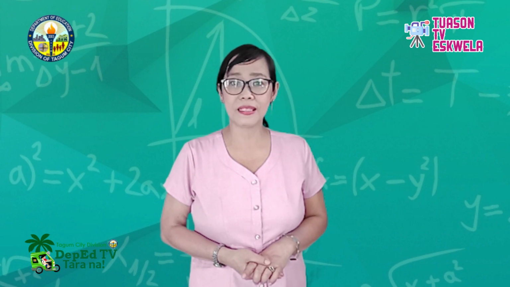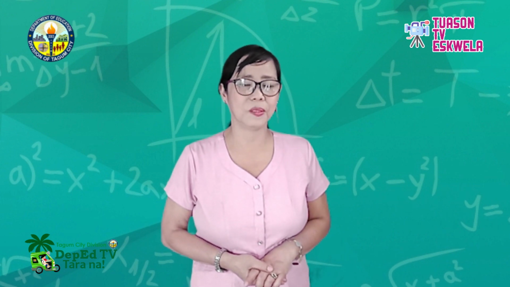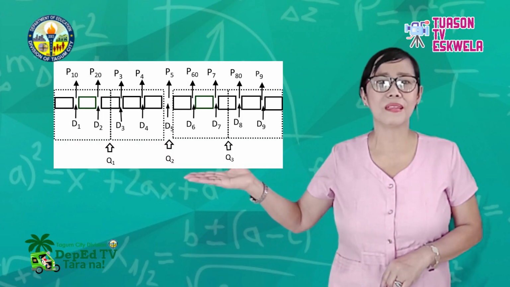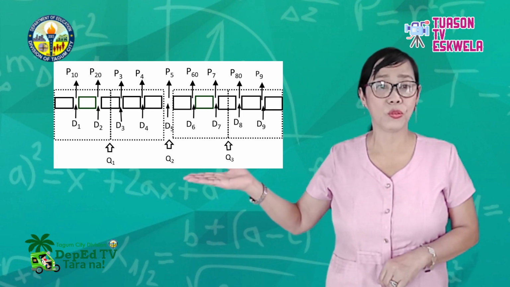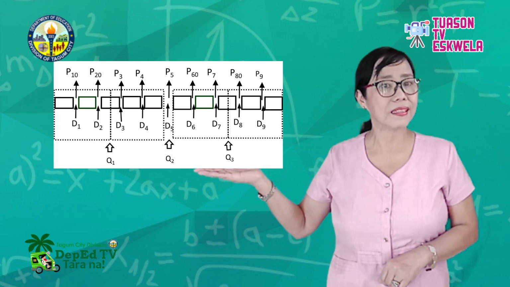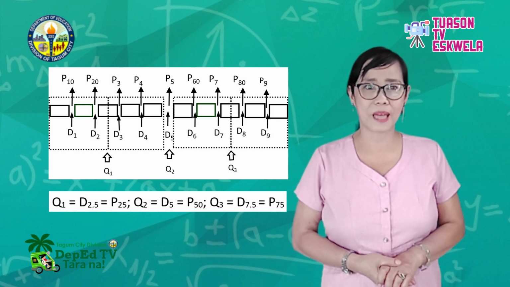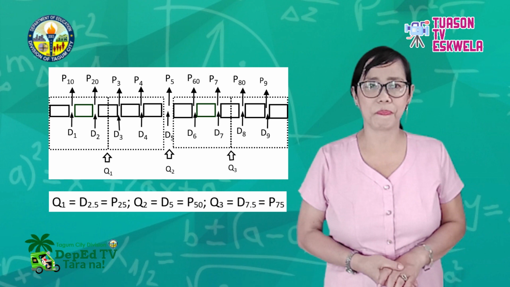Percentiles are computed in the same way that the quartiles and deciles are calculated. As you can see, the big boxes, which is the broken line, divides the distribution into 4 equal parts. Then we can say that Q sub 1 equals D sub 2.5 equals P sub 25.